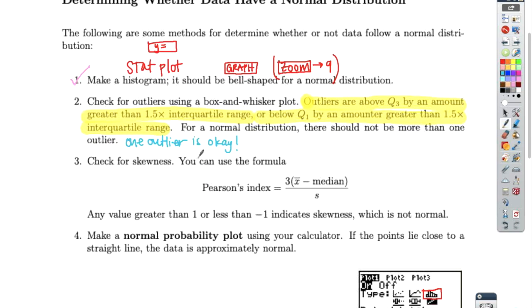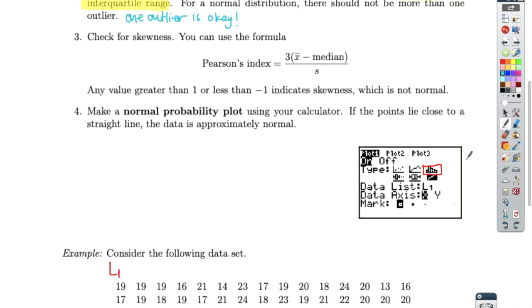Okay, so I'm going to go back to stat plot. Click stat plot across the top to get back to this screen on your calculator. We're going to keep using that same data. We're going to do all 4 tests on this same set of data. But now instead of making a histogram, I'm going to make a box and whisker plot.